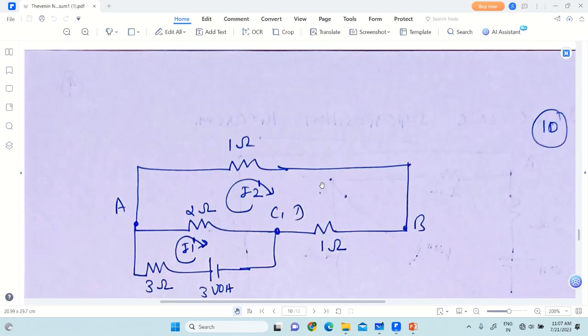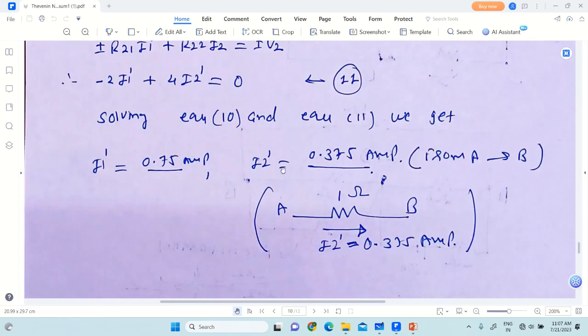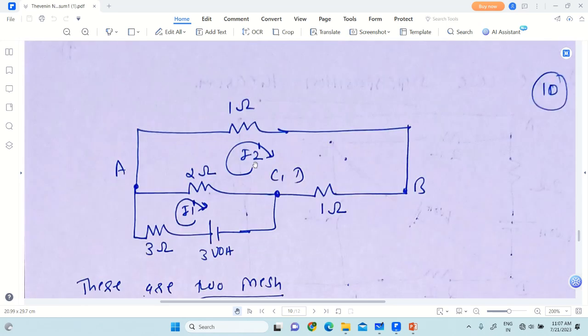It is I2 dash, and we got a positive answer for I2 dash. It means the assumed direction is correct, so the actual direction is the same as the assumed direction. So the actual direction is also clockwise. So as far as branch AB is concerned, current is flowing from A to B.